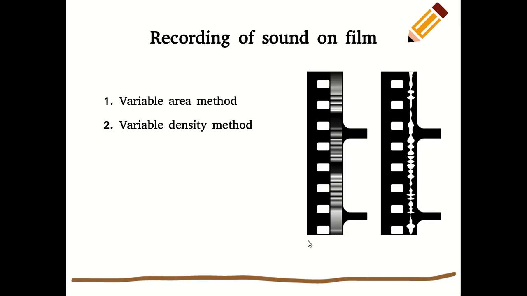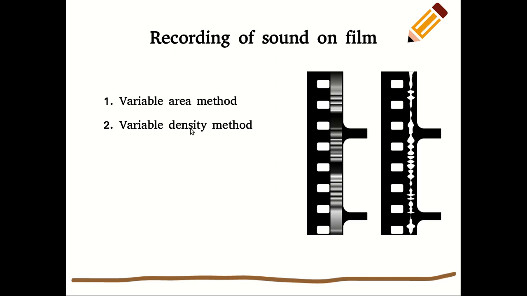There are two ways by which we can record the sound on the photographic film. What are the two ways? It is the variable area method, in which the sound is saved in the form of variable area alongside the picture on the photographic film.